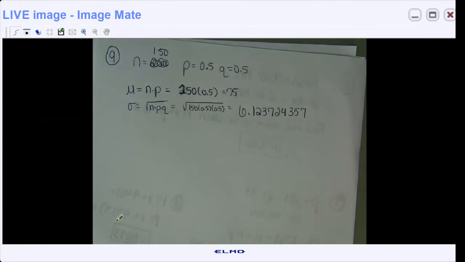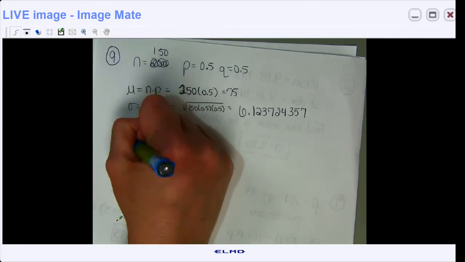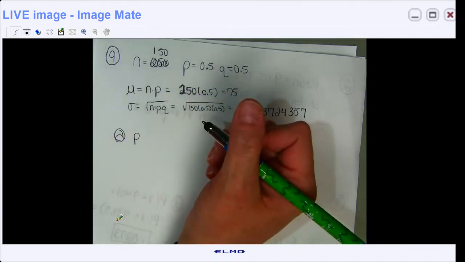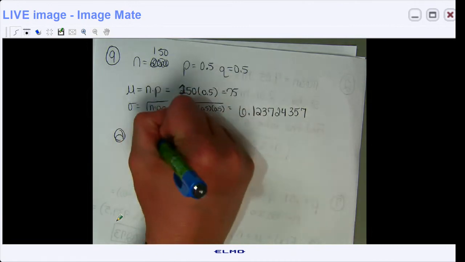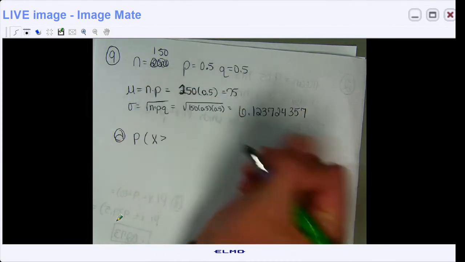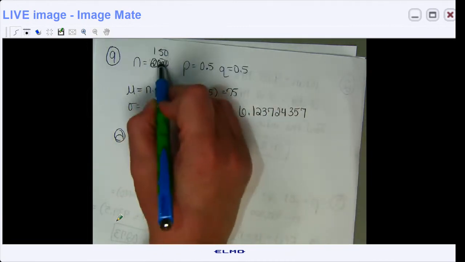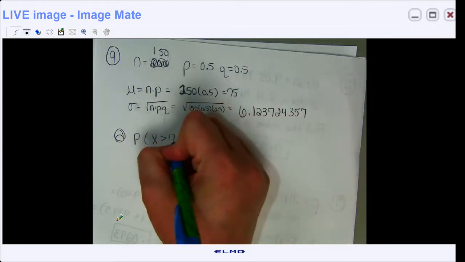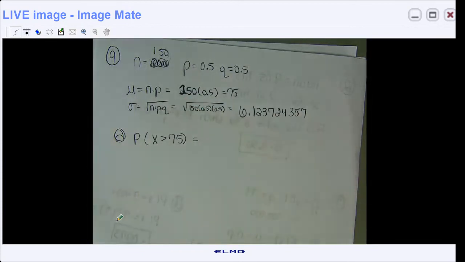So that's our mean, our standard deviation, we've got our P, we've got our Q. Now the first question says, what is the probability that more than half will wait more than 30 minutes? So we're looking for the probability that more than half of the 150, so the probability that more than 75 will wait more than 30 minutes.